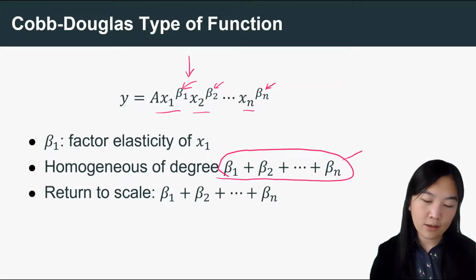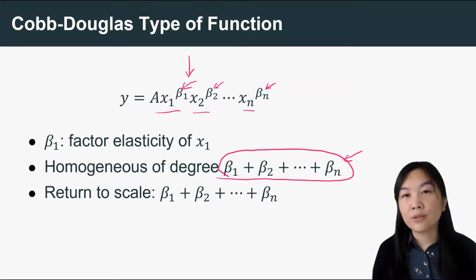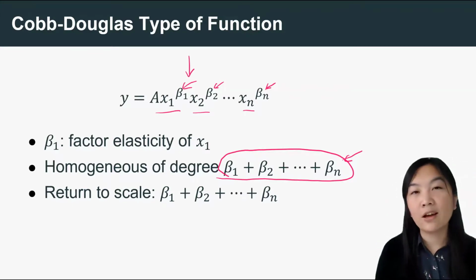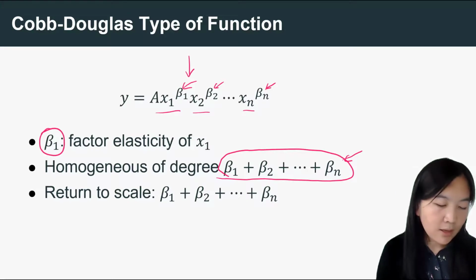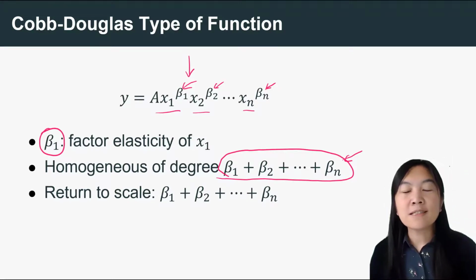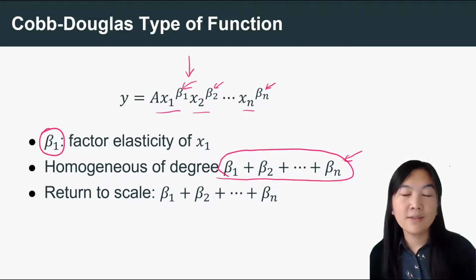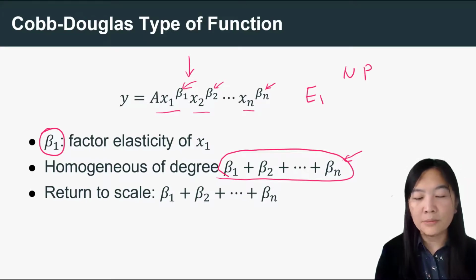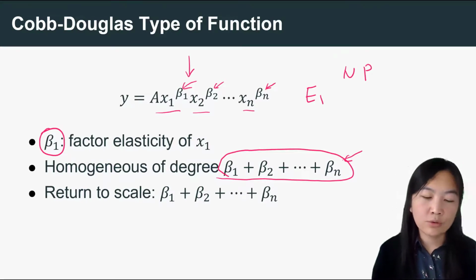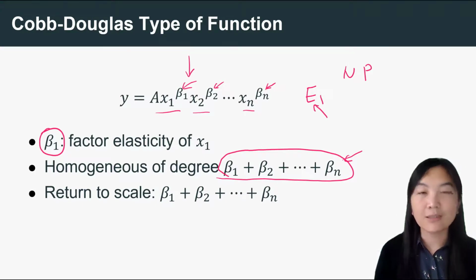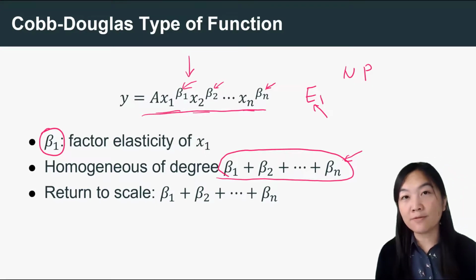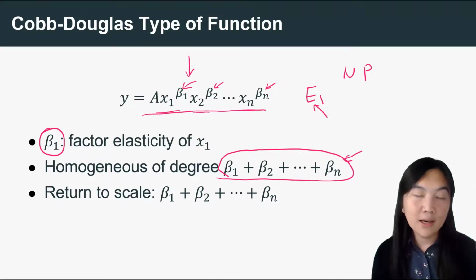The elasticity of scale is equal to the summation of those exponents. And even nicer about the Cobb-Douglas function is that here, beta 1 is just the factor elasticity of x1. If you still remember, this is the E1. If you go back to your nitrogen and potash example, you have to go through a bunch of steps to get that E1. Here, once I tell you we're having a Cobb-Douglas function, you don't need to do any of the calculations.